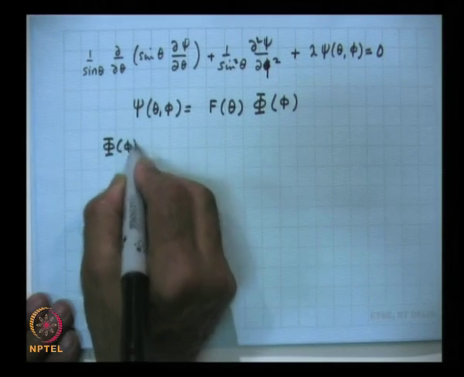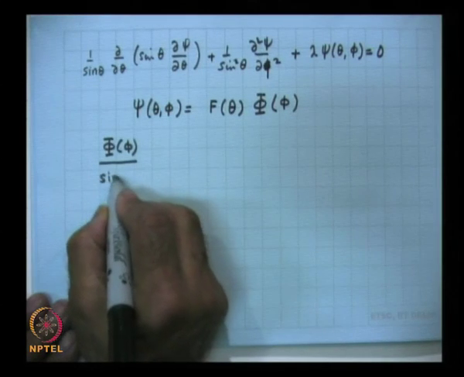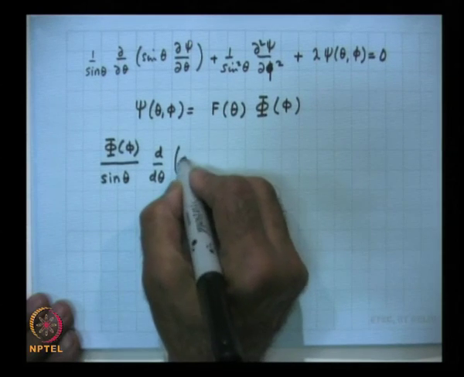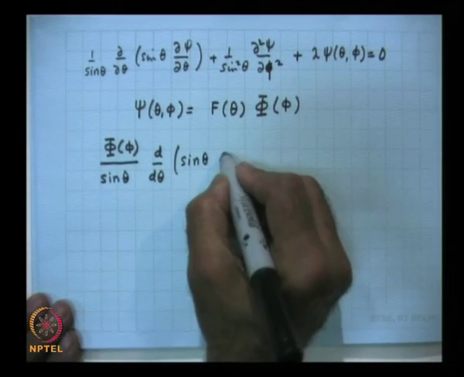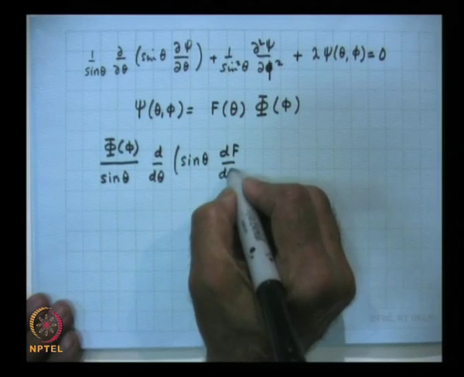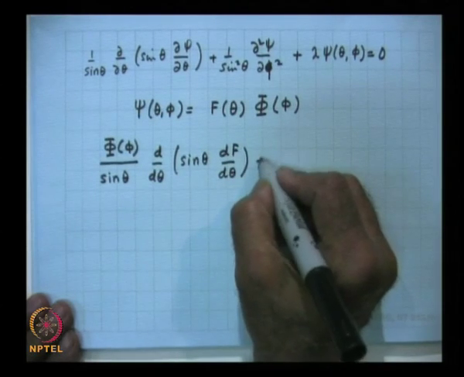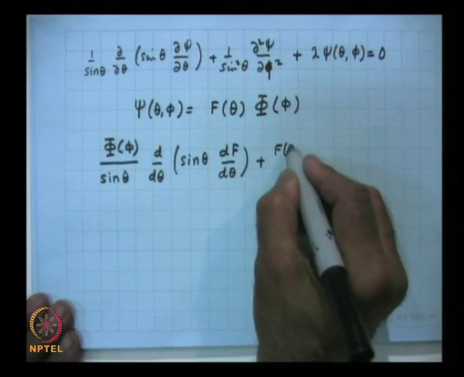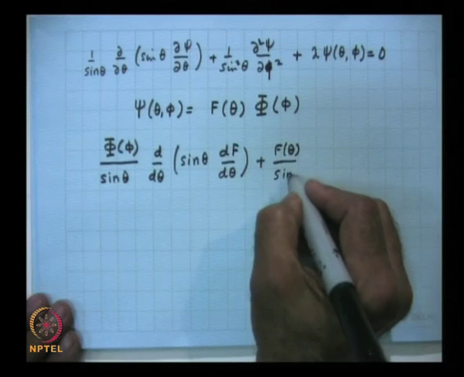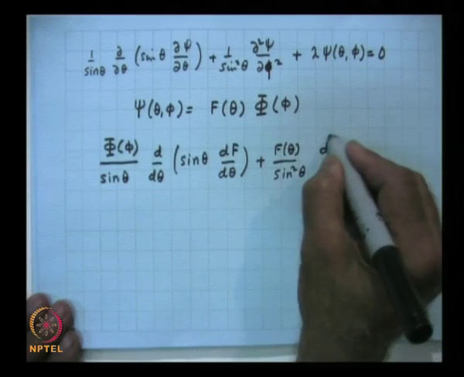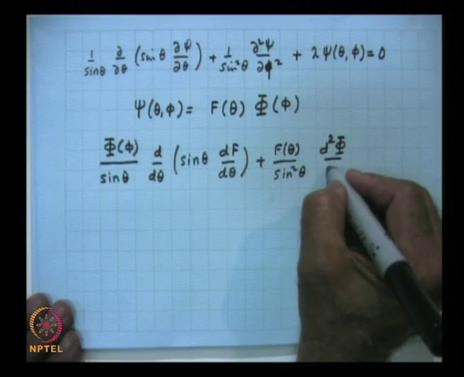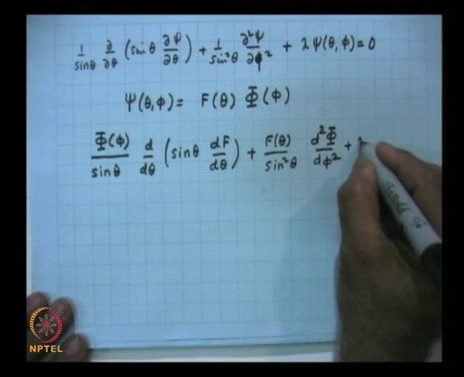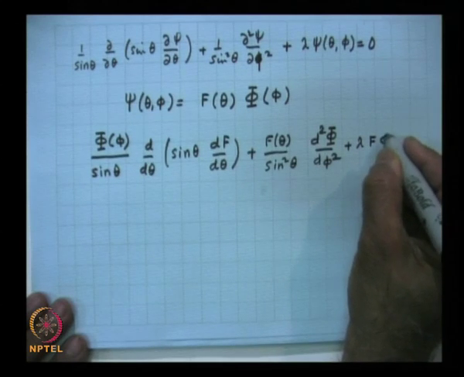Phi of phi divided by sin theta, and now I can write a total differential d by d theta of sin theta df by d theta, plus 1 over sin square theta. So, f will come outside now, f of theta over sin square theta, d2 phi by d phi square, plus lambda f into phi.